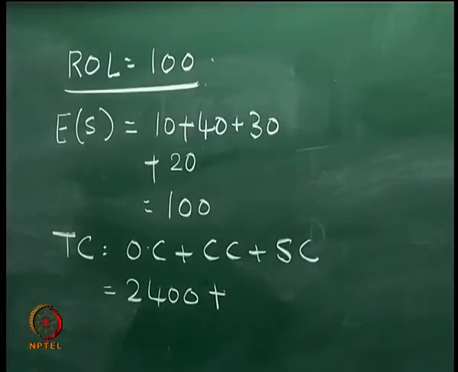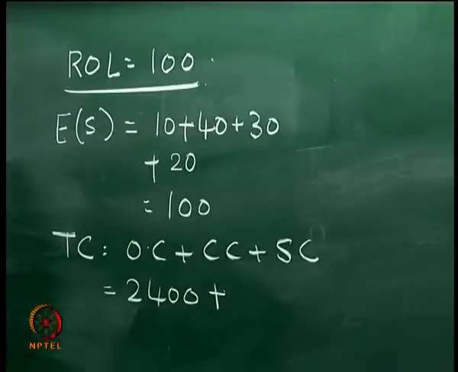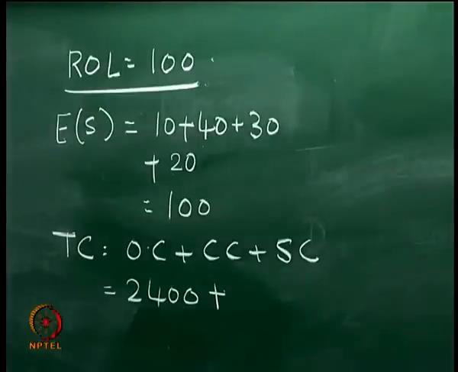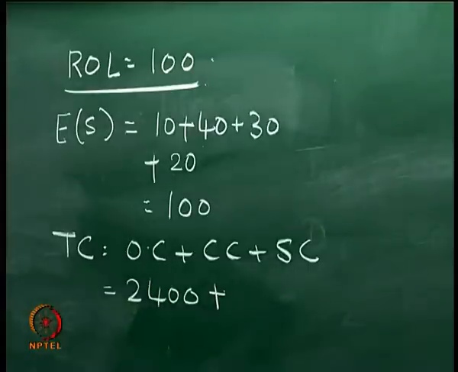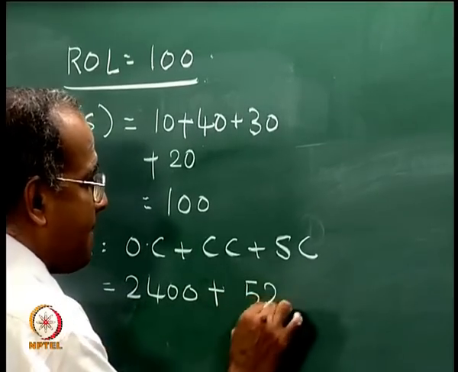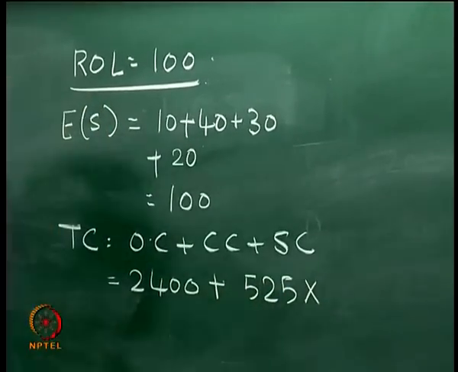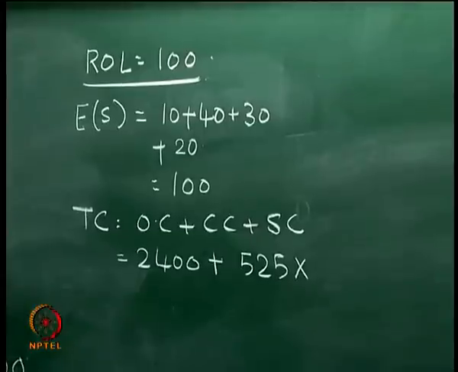So, Q by 2 minus SS. So, it will become 1250 divided by 2. Q by 2 is 625 minus 100 would give us 525. That is the average inventory into CC.